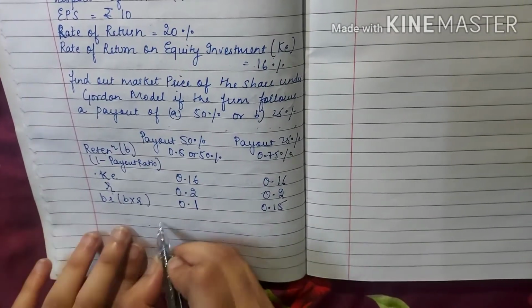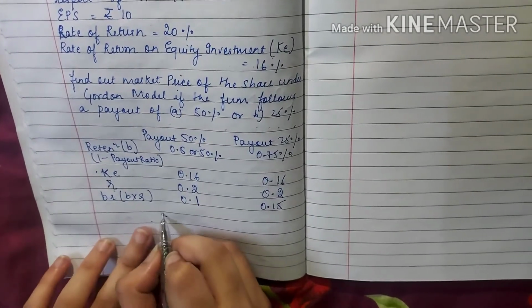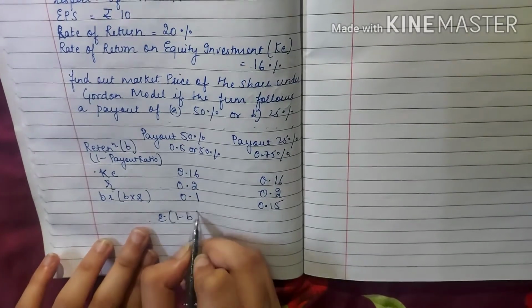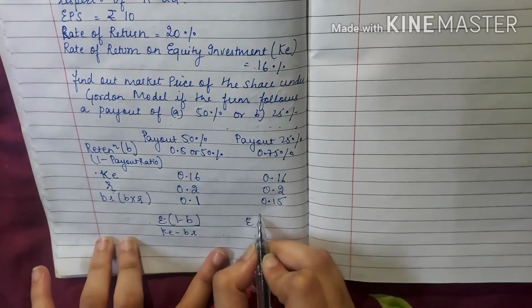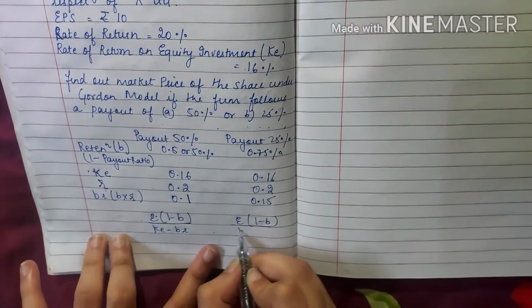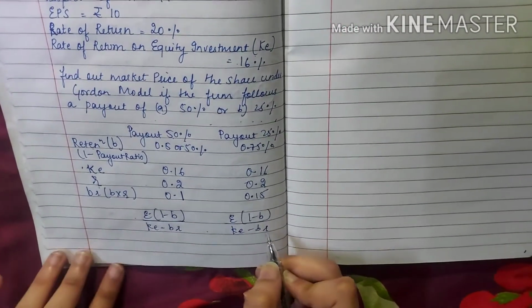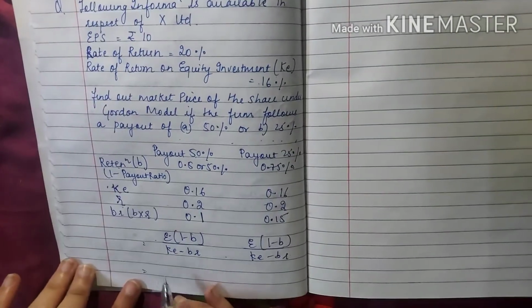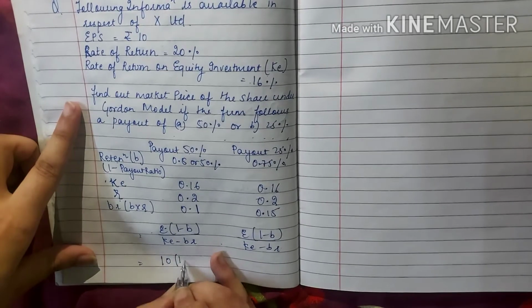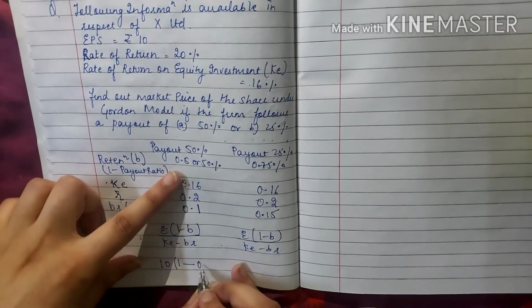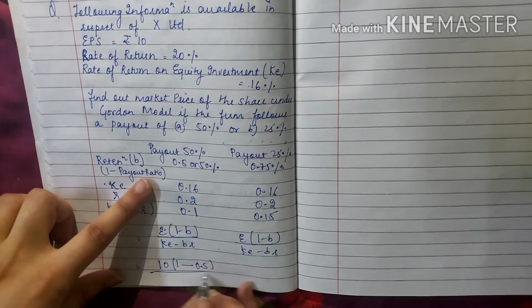Now just put the values into the formula. E1 minus B, KE minus BR. Here also E1 minus B, KE minus BR. So here your earning is rupees 10. So 10, 1 minus retention, that is B, so 0.5.